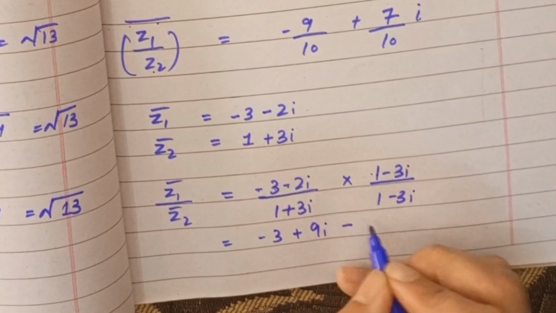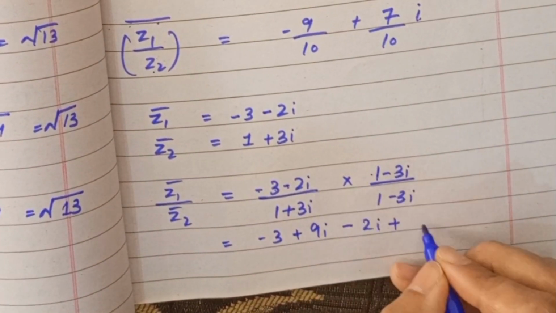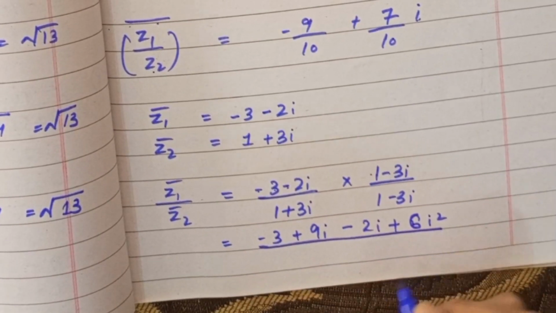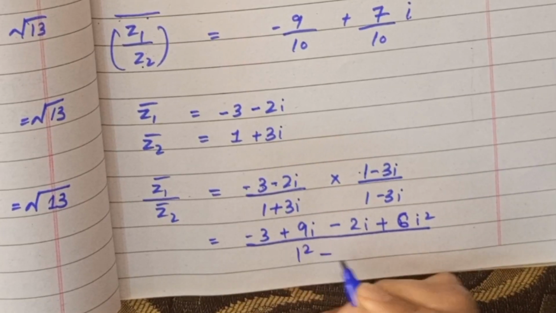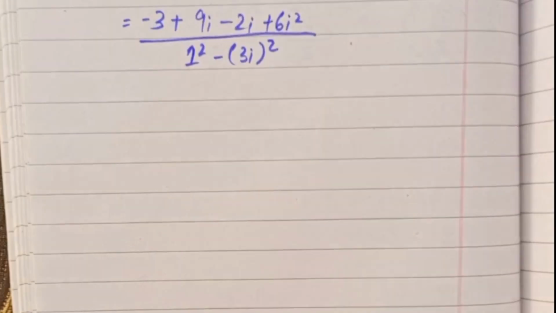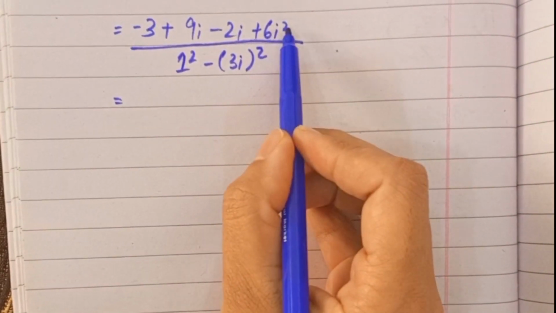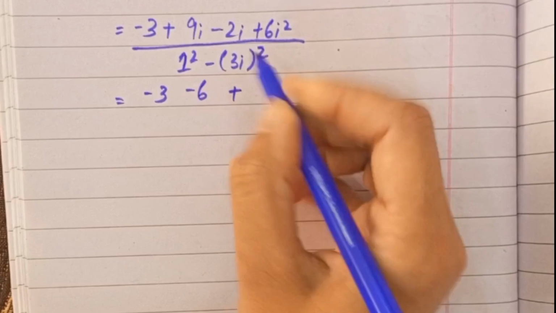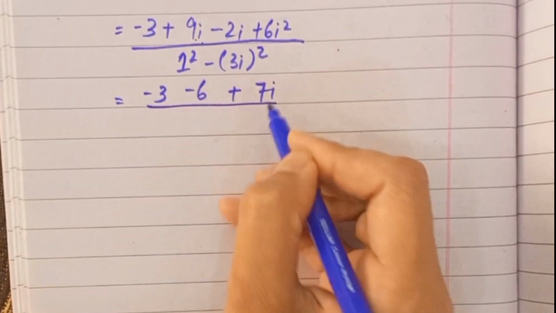Minus plus is minus 2 iota. Minus minus is plus. 3 2s are 6 iota square. In the denominator, we will write 1 square minus 3 iota square. Now, iota square is minus 1, so we will write minus 6 here. 9 iota minus 2 iota is 7 iota.